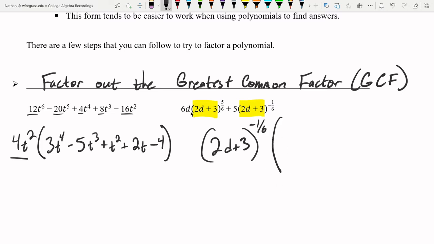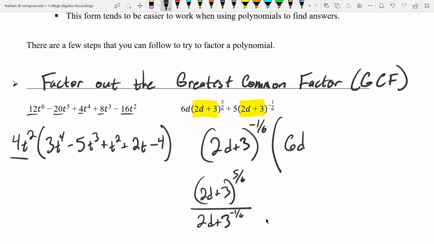And that's going to give me 6d for sure that hasn't been touched. And then now we have 2d plus 3 to the 5/6, which is being divided by what I took out of it, 2d plus 3 to the negative 1/6.